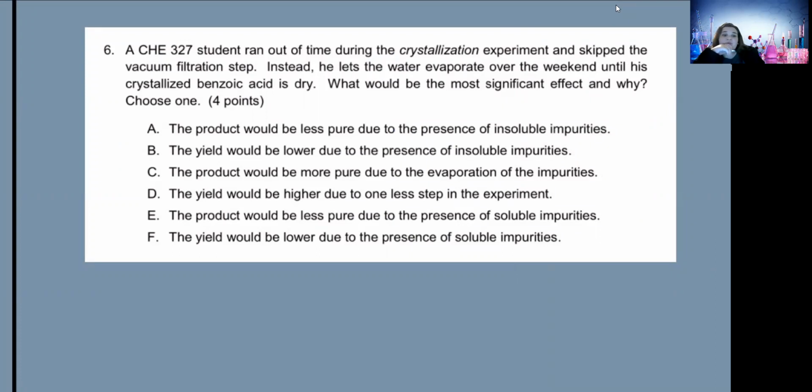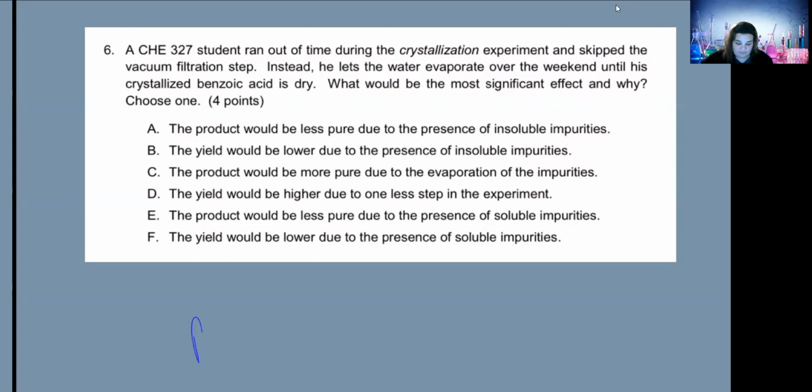All right, so a Chem 327 student ran out of time during the crystallization experiment and skipped the vacuum filtration step. Instead, he lets the water evaporate over the weekend until his crystallized benzoic acid is dry. What's the most significant effect and why? All right, guys, what is the point of vacuum filtration? Y'all remember?